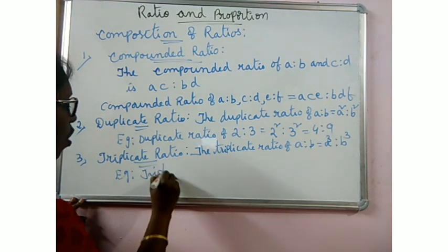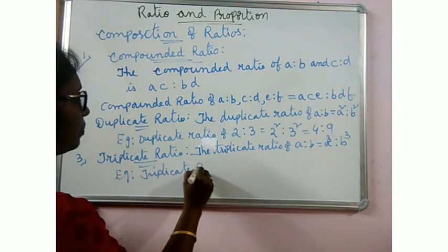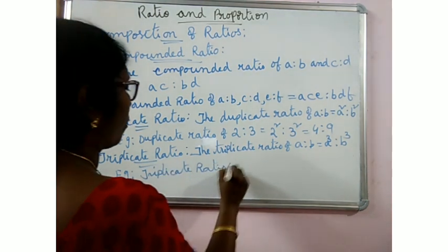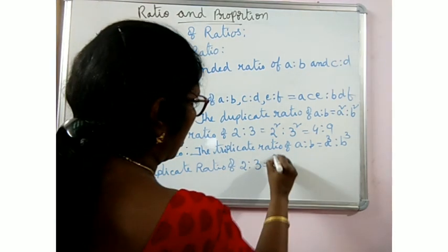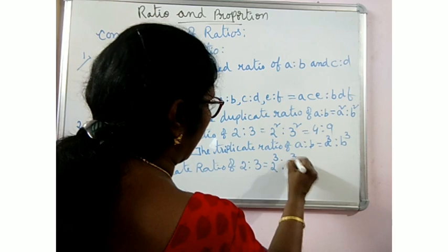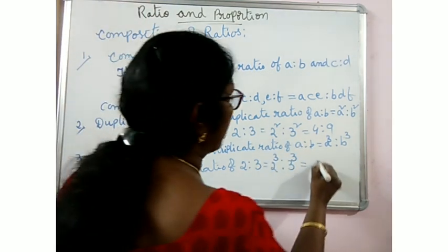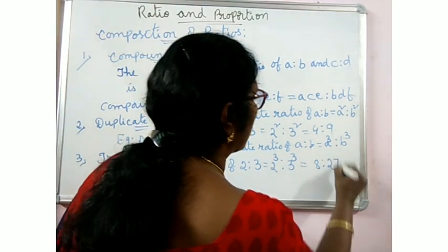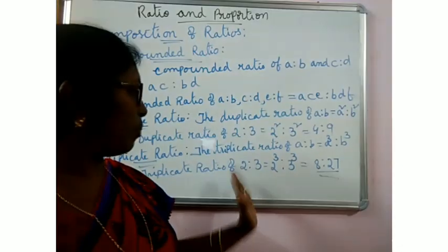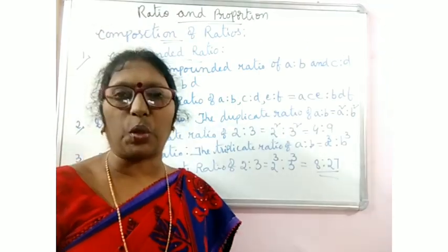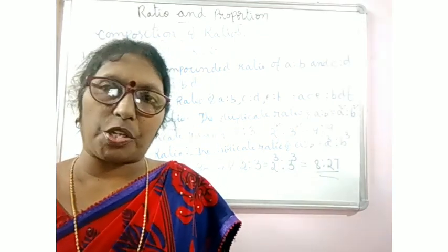Triplicate ratio of 2 is to 3 is 2 cube is to 3 cube. 2 cube is 8. 3 cube is 27. Only cubes of both the terms of the ratio if you do, you will get triplicate ratio.